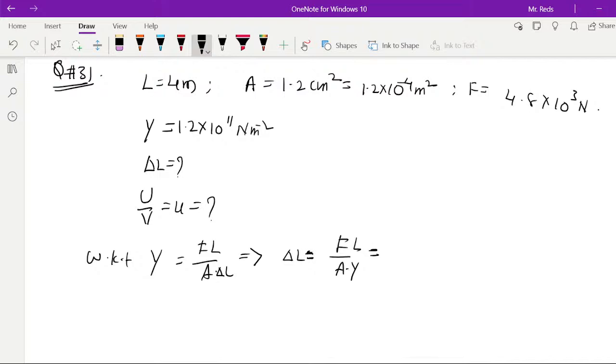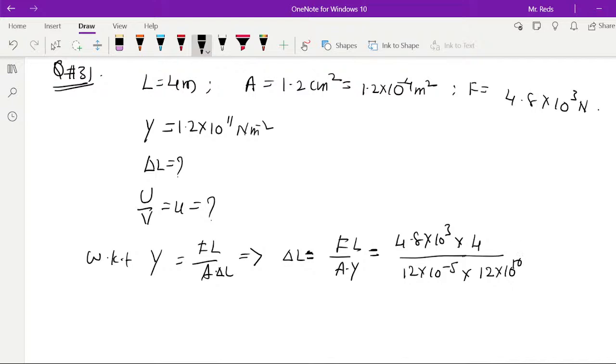So what is given here? F, L, A, Y all are given. So by directly substituting, you get the value. F is 4.8 × 10^3, L is 4 meter. All are in SI units only. Divided by the area, 1.2 × 10^-4, or 12 × 10^-5 we can write, into Y which is 1.2 × 10^11, or 12 × 10^10 also you can write.